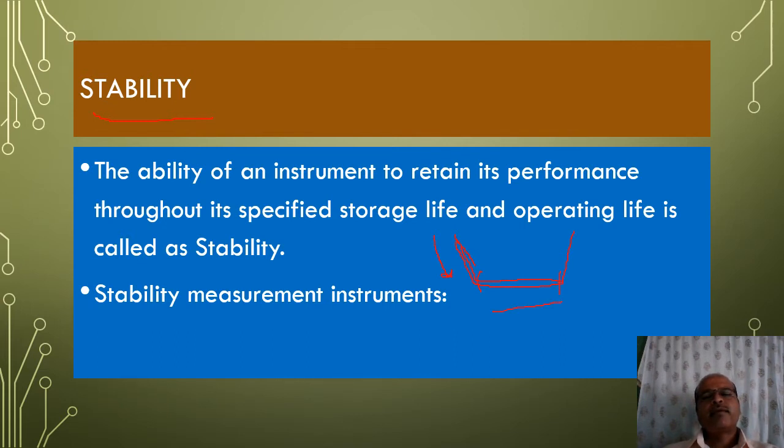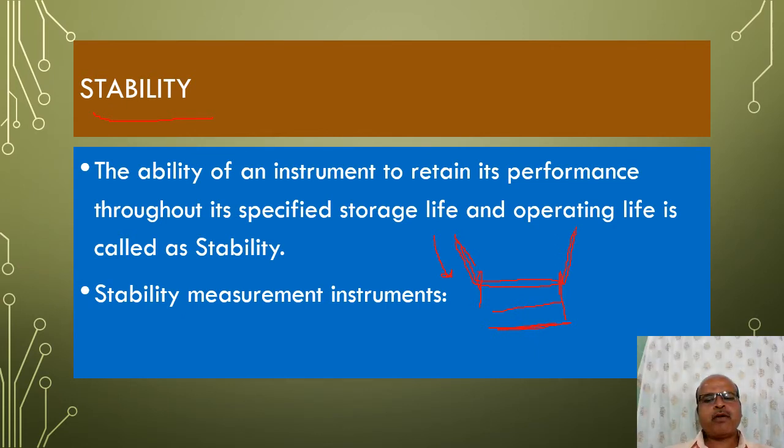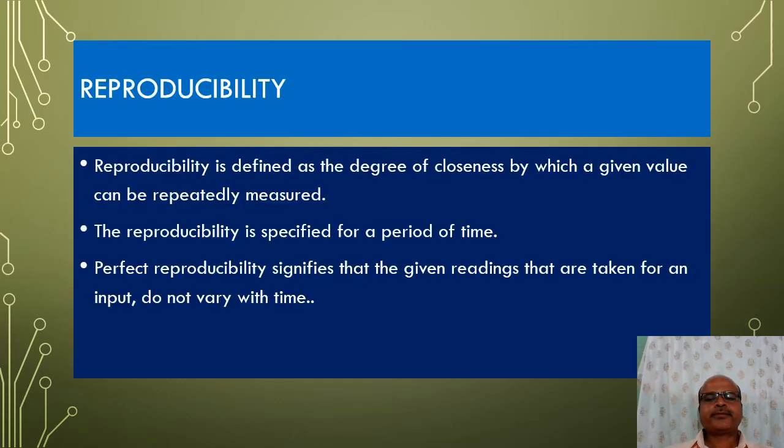After some years, due to the aging effect, there is failure in the equipment, so the equipment or component fails. This curve is called a bathtub curve, and the middle portion is called stable output or stability. So the ability of an instrument to retain its performance throughout its specified storage life and operating life is called stability.